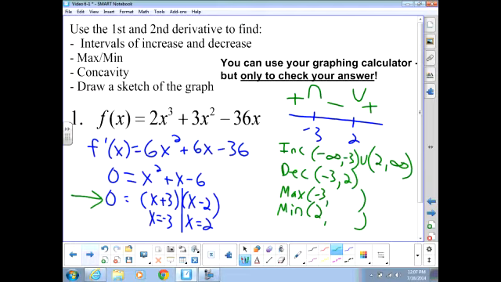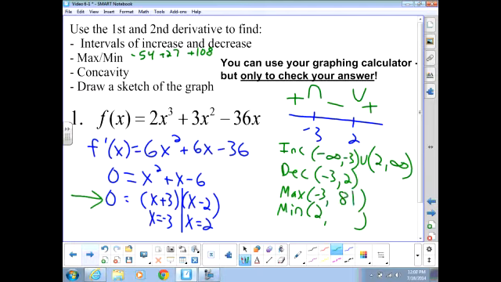When we put -3 in and cube it, it'll give you -27, times 2 will give you -54. -3 squared is 9. 9 times 3 is 27. And -3 times -36 will give you a positive 108. Combine those all together and you'll get a positive 81.